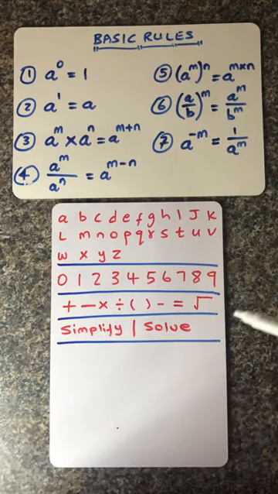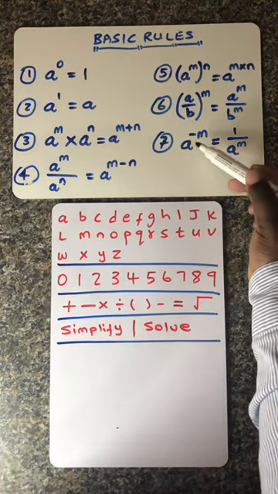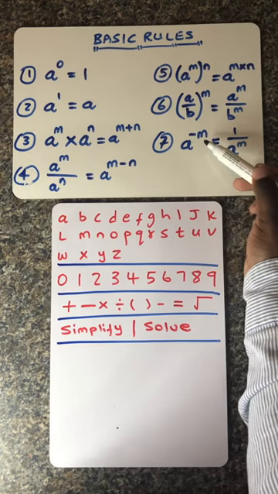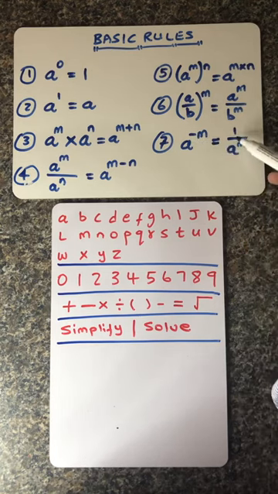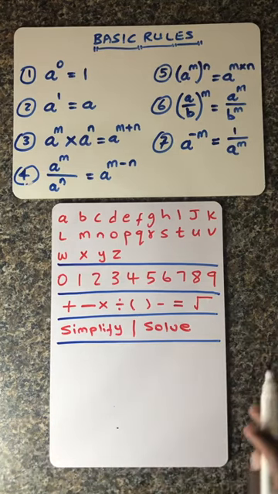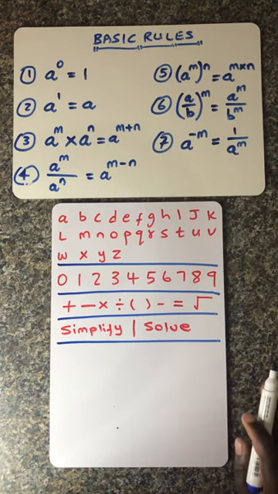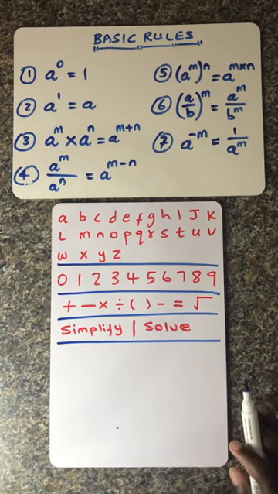And rule number 7, a to the exponent negative m is equal to 1 over a to the power m. So I'll just leave it there for now. I'll get back to those basic rules with related examples so that we unpack each and every rule.